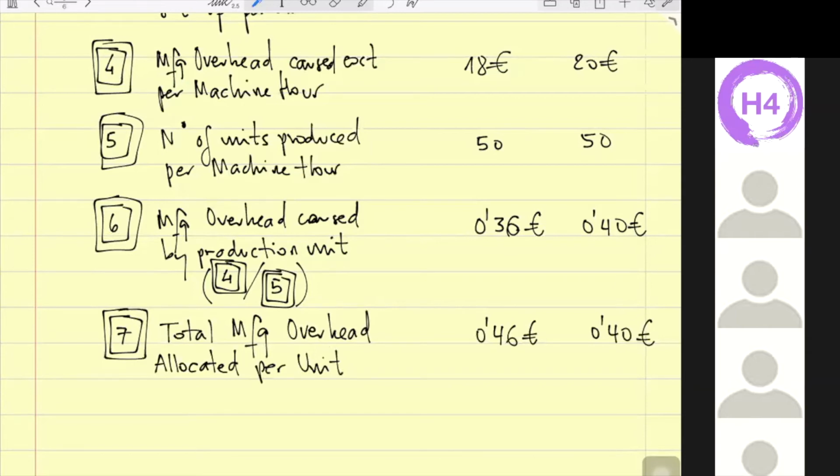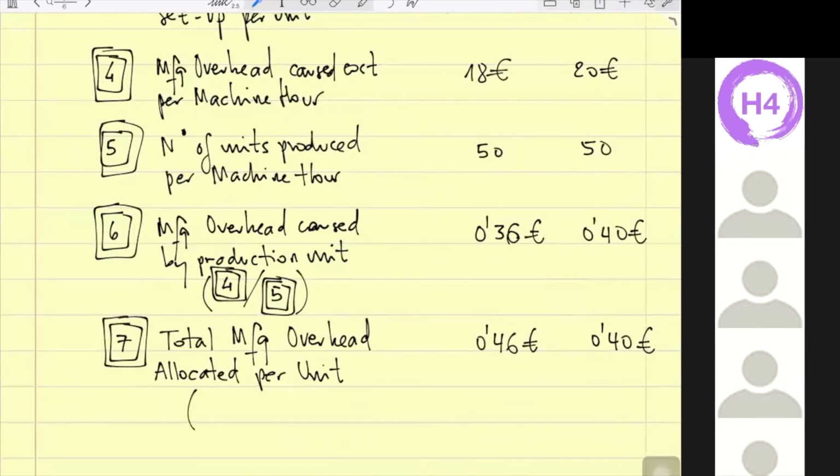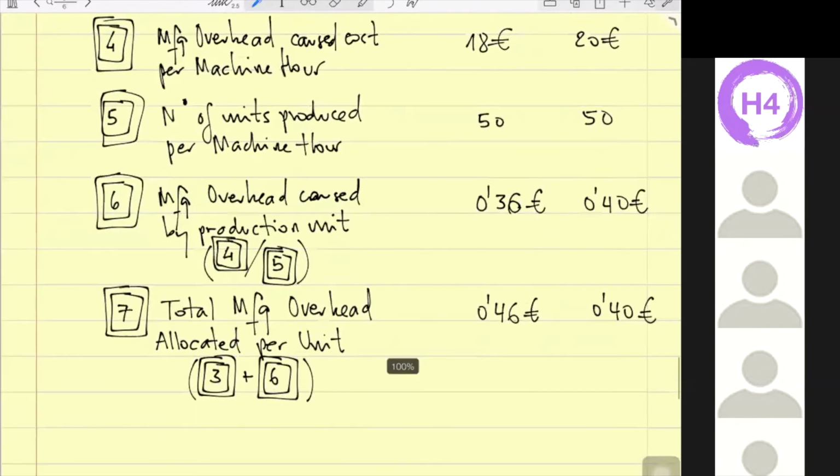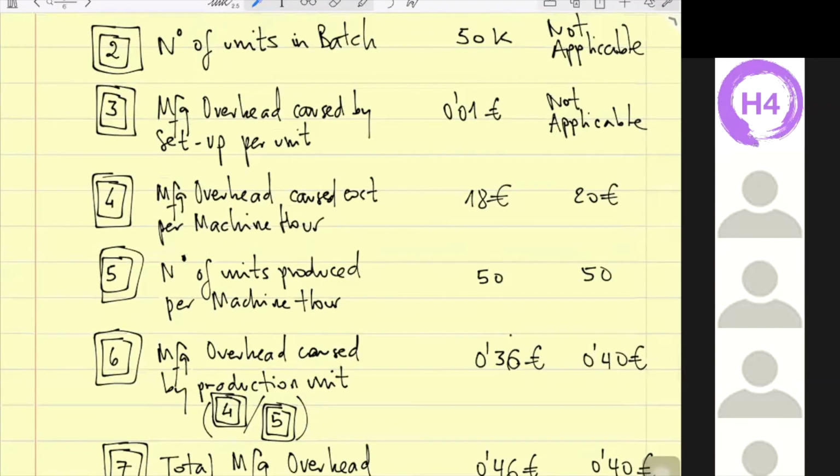So this is of course number 3 plus number 6. So if a company manufactures a batch of 50,000 units and produces 50 units per machine hour, we have a different picture. Sorry, this is 0.1.